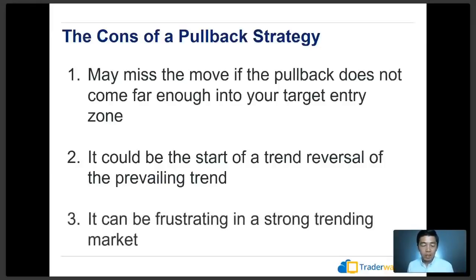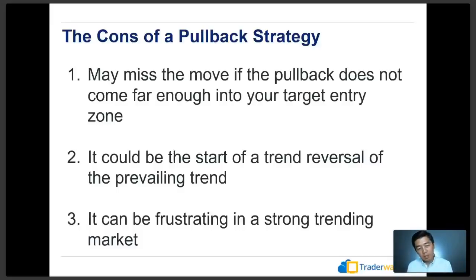And lastly, the downside of using a pullback strategy is that it can be very frustrating when the market is very hot, very excited, in a very strong trending market. Because when we are in a very strong trending market, pullbacks seldom happen. And even if a pullback happens in a very strong trending market, usually it is very, very shallow, so shallow that it will not be enough to move into the zone which you will be looking to get into.